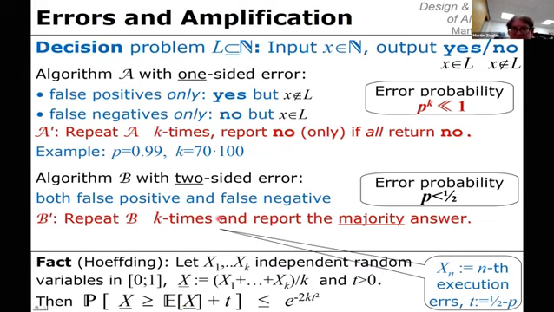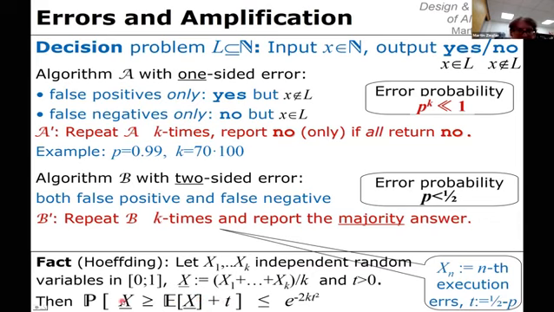Well, we expect one execution to fail with probability p. So k executions are expected to fail k times p times. But since this is the average, since we divide by k, the expected value of this random variable is also p again. So by linearity of expectation, this is just p, and t is 50% minus p, so that the right-hand side of the expression is actually just 50%, 1/2.